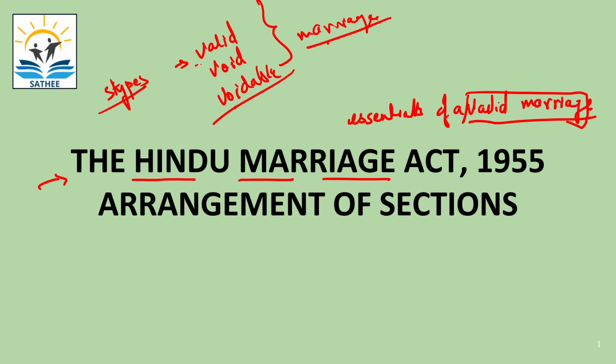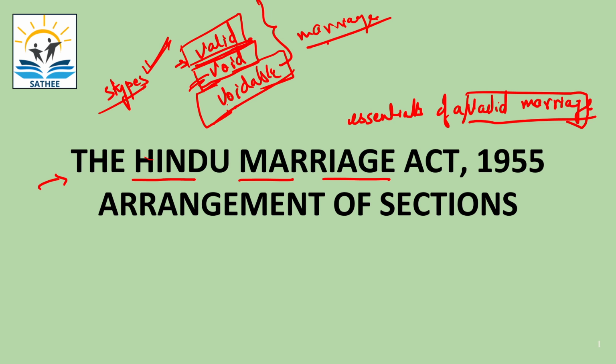A valid marriage is one where all the requisites or essentials required according to the Hindu Marriage Act of 1955 have been followed. If the marriage has not been able to follow the laws mentioned in the Hindu Marriage Act, then that marriage will be considered either a void marriage or a voidable marriage.